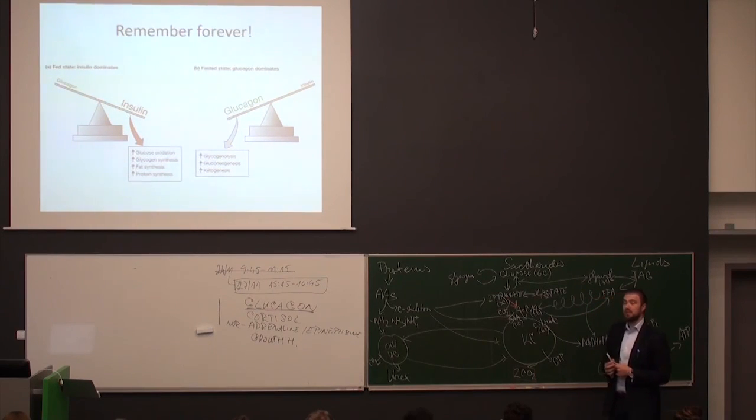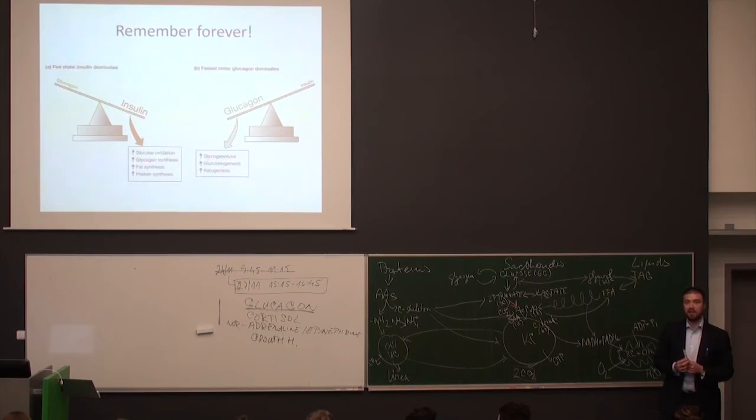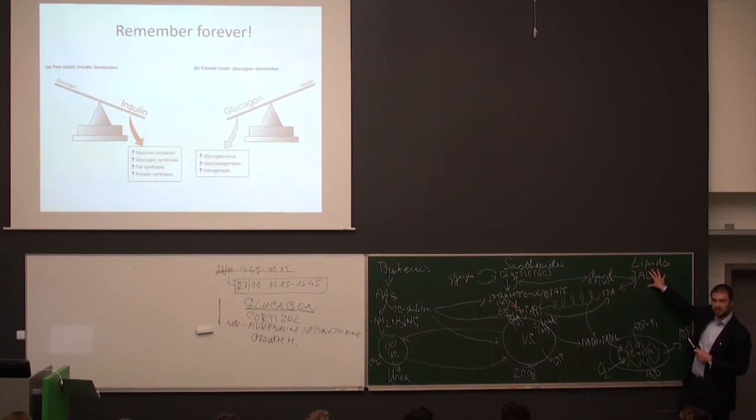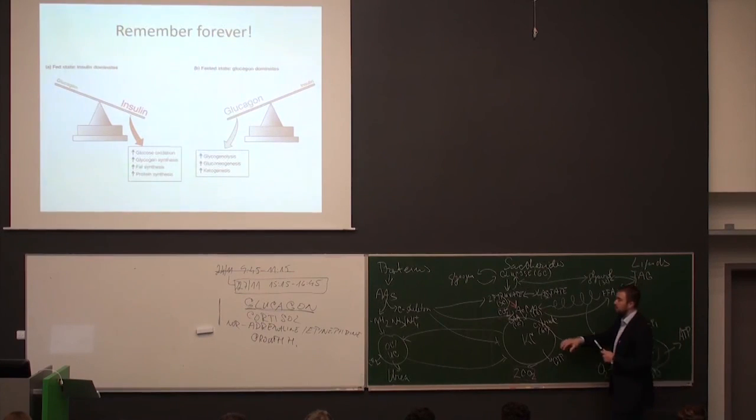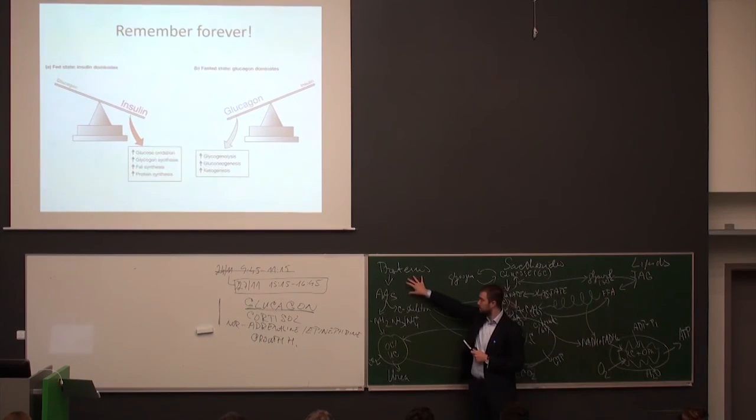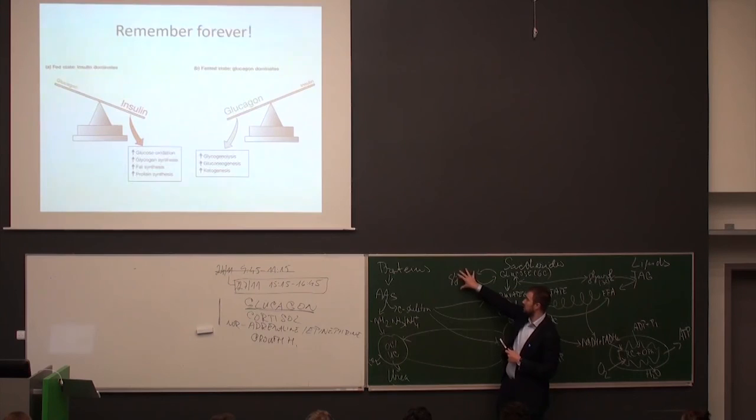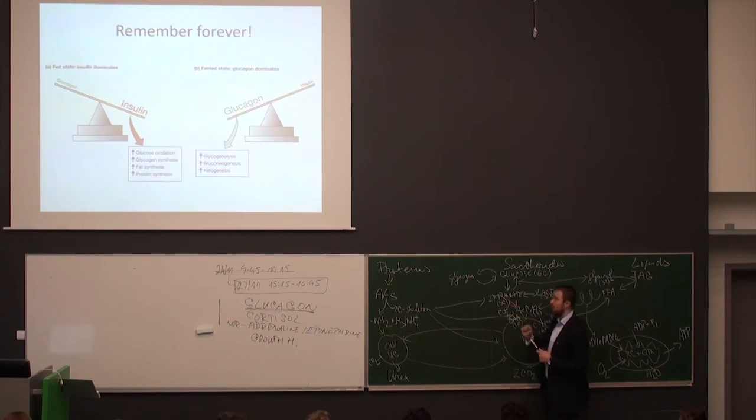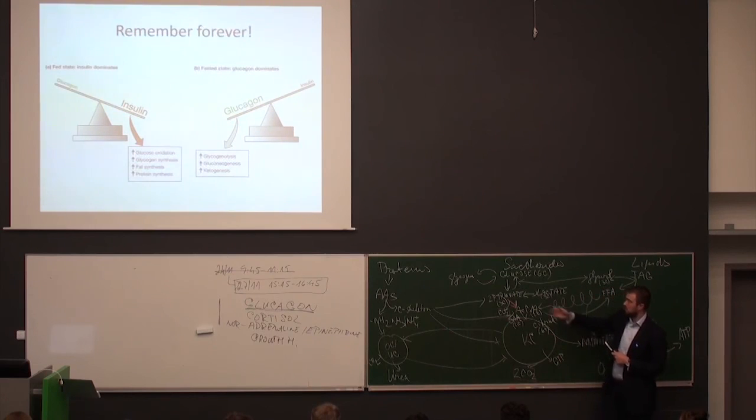And therefore, insulin is a very strong anabolic hormone that produces triacylglycerols, new proteins, and glycogen. And also, insulin is destroying glucose molecules.